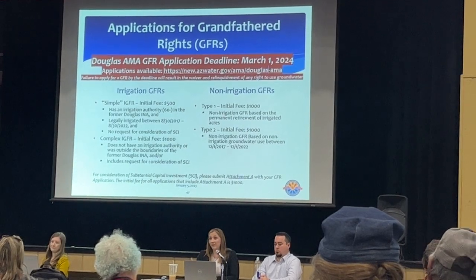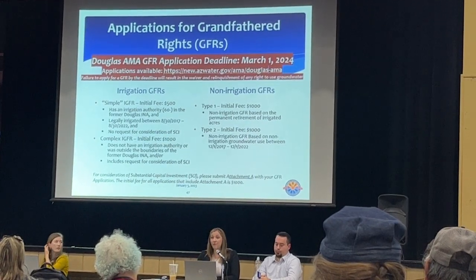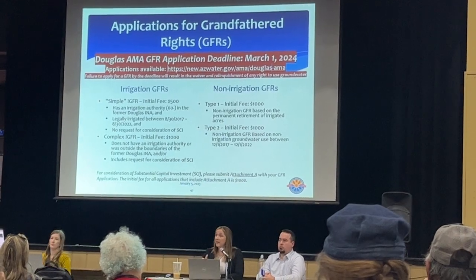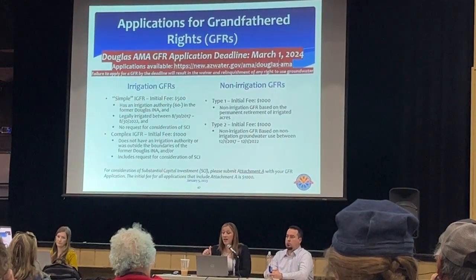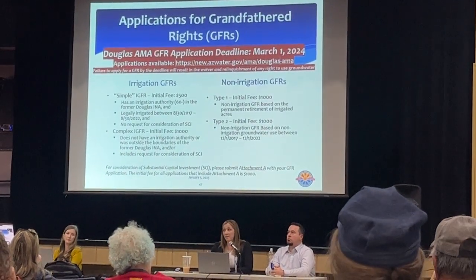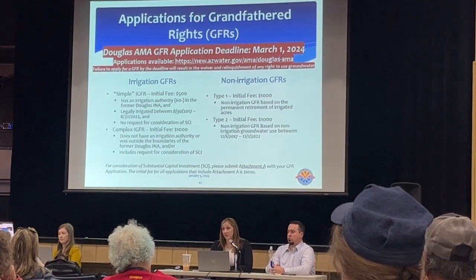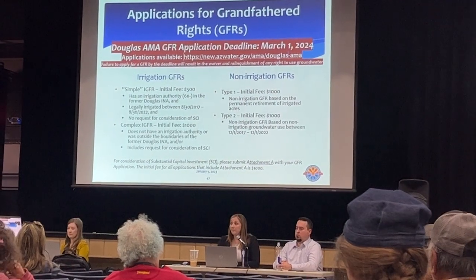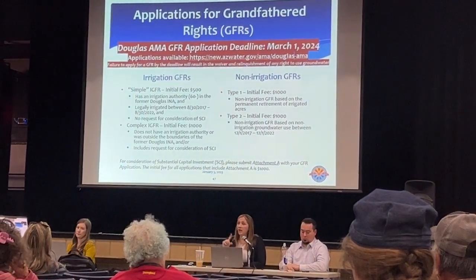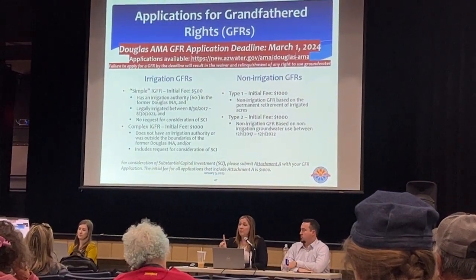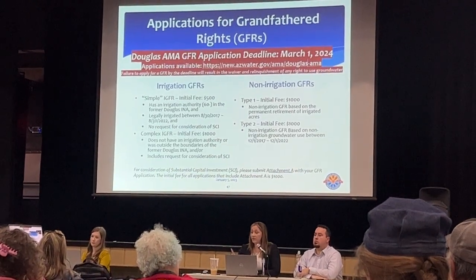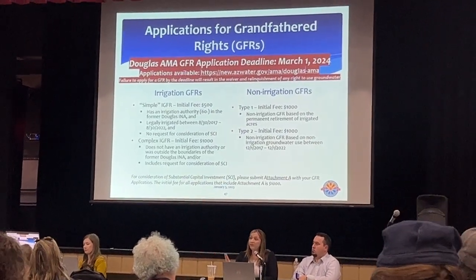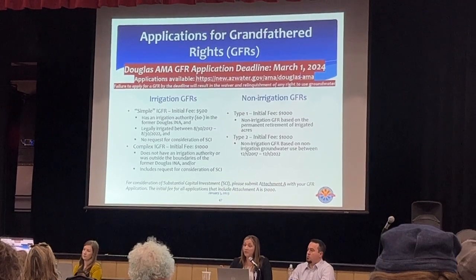For a more complex IGFR, for anything that's outside the former INA, anything that is claiming substantial capital investment, that initial fee is $1,000. So for type 1s and type 2s, our non-irrigation grandfathered rights, the initial fee is $1,000.